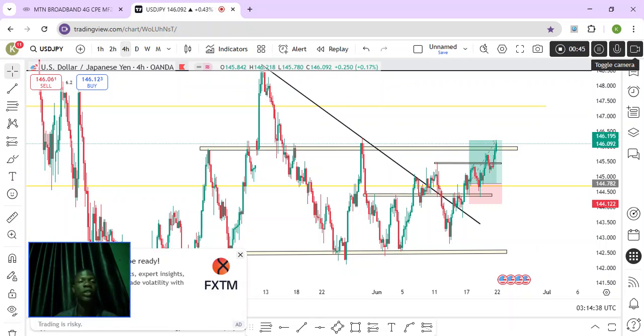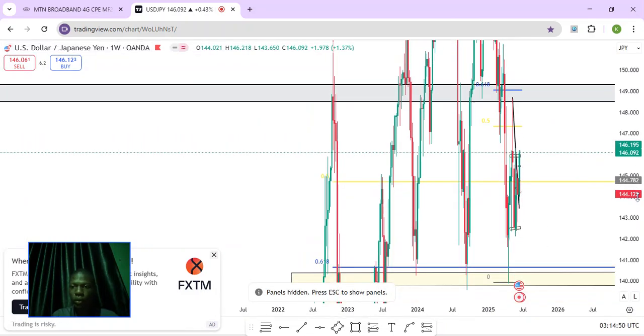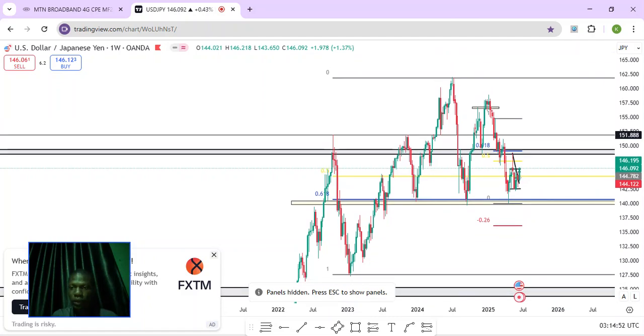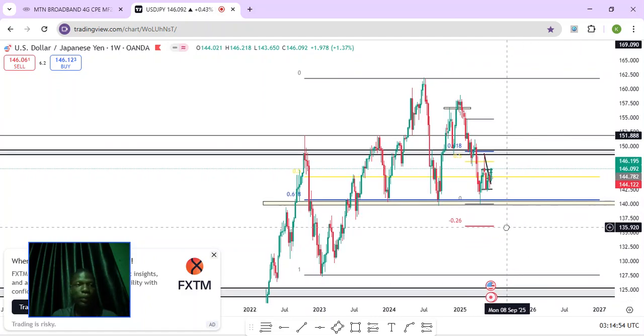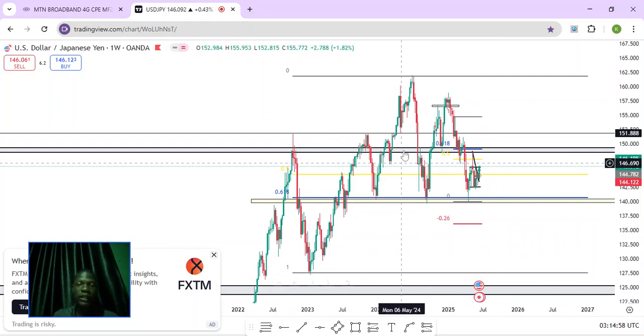So we are on USD JPY on the 4 hours time frame. I'm going to go over to the weekly time frame to break down the charts so you guys can get to understand. So what's with USD JPY? We drew our Fibonacci. This is an uptrend.